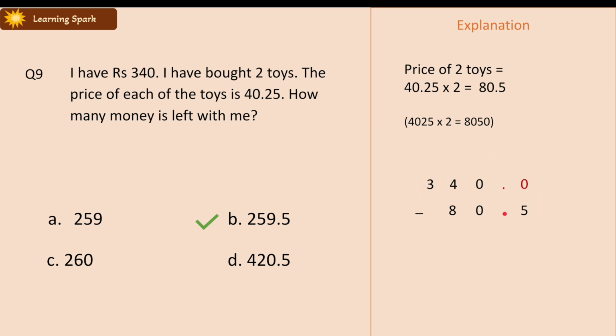One is the decimal points will be exactly below or above one another, and then if there is any place left after the decimal, we can fill it up with 0 if it is at the extreme right. We have done that because 340 doesn't have any decimal point, so we have just kept a decimal point and a 0 here so that we can subtract it easily.